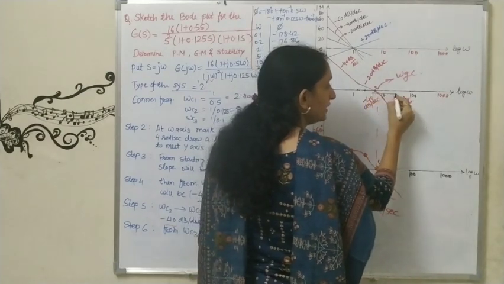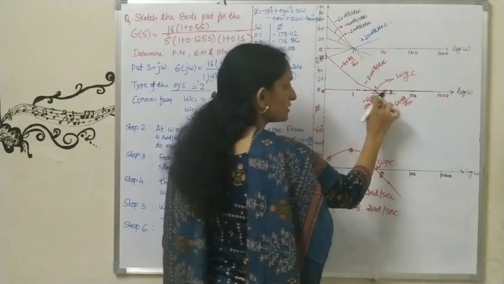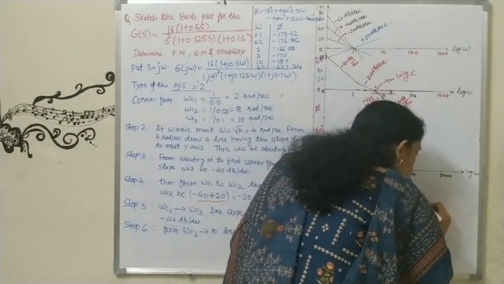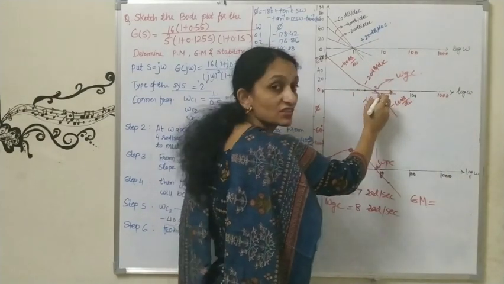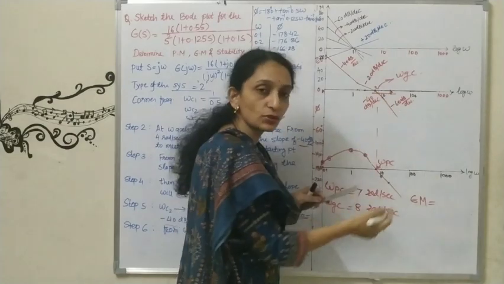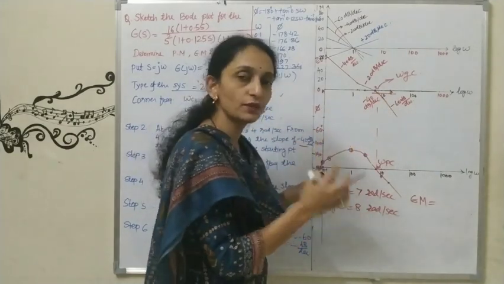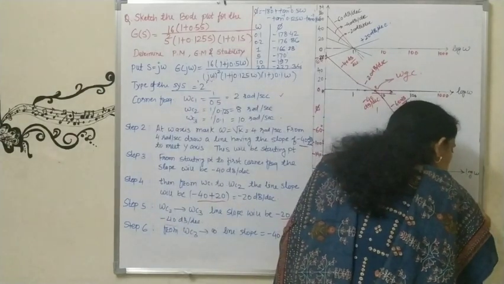I need to calculate this difference, which is approximately minus 2. Why minus 2? Because this point of intersection, suppose G, is below the 0 dB line. When this point of intersection is below the 0 dB line, the gain margin will always be negative. So this is minus 2 dB.